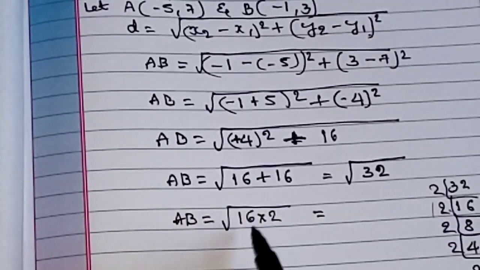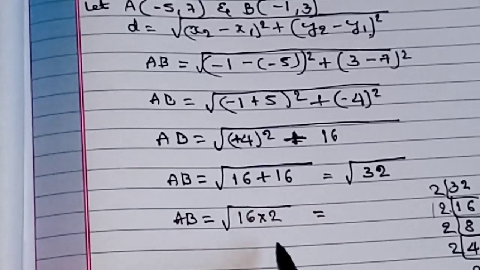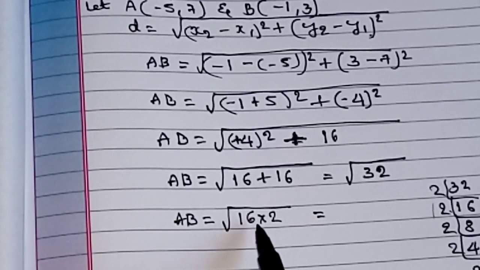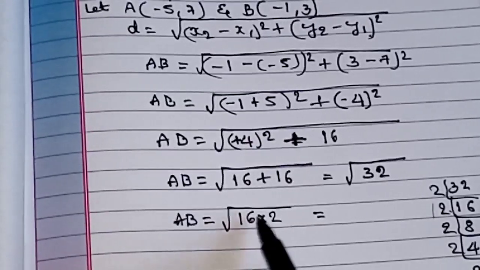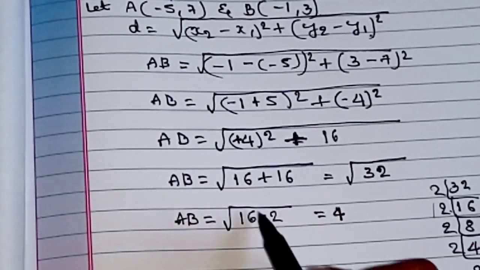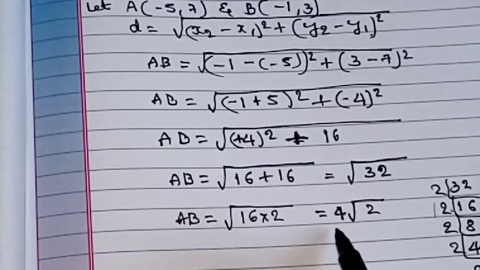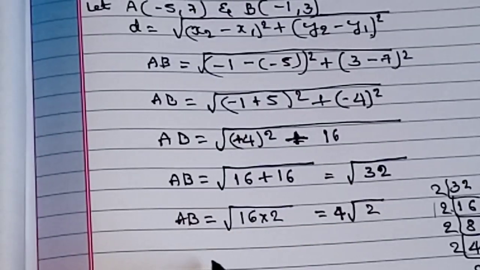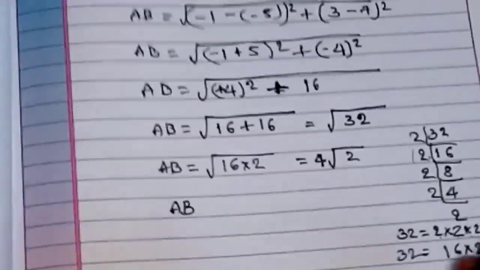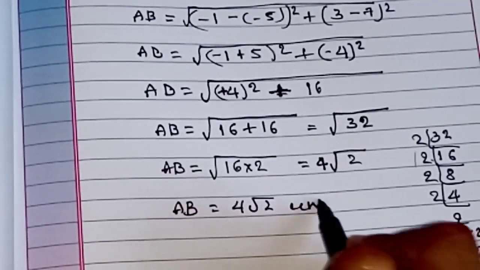The square root of 16 is 4. So I can take the 4 outside, and the remaining is root 2. Therefore the answer is 4 root 2. So the distance between A and B is AB equals 4 root 2 units.